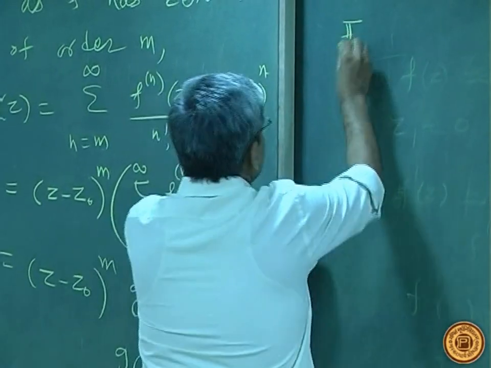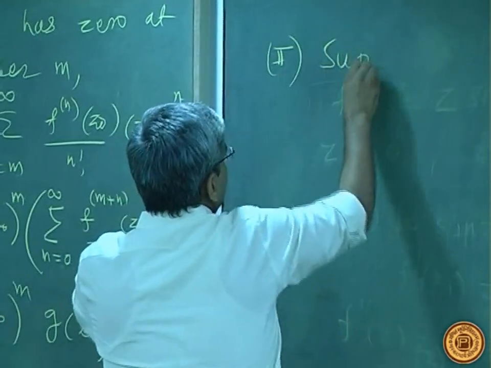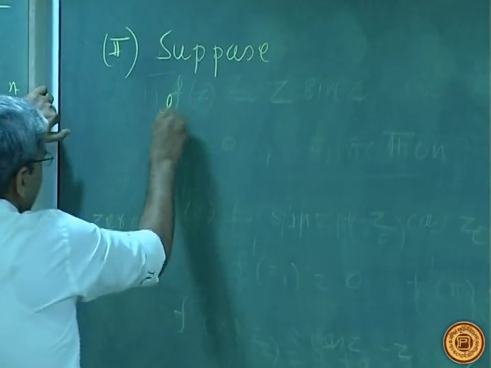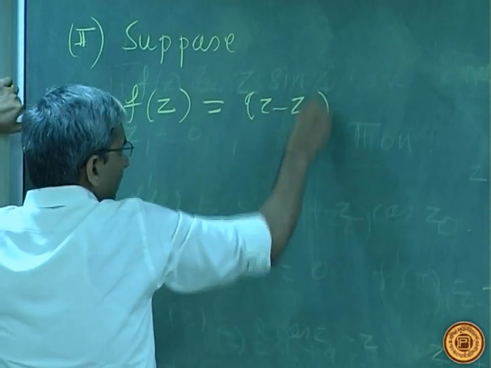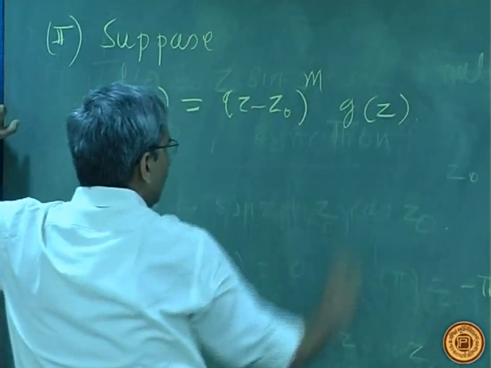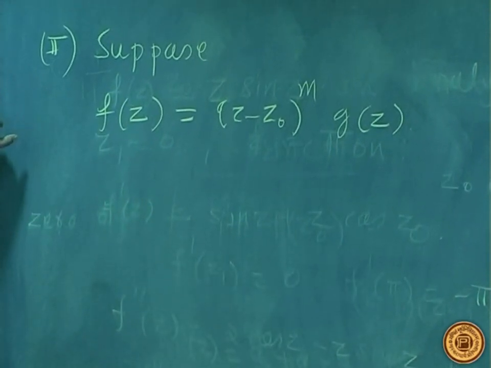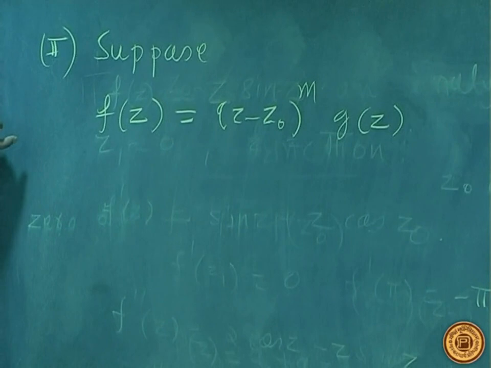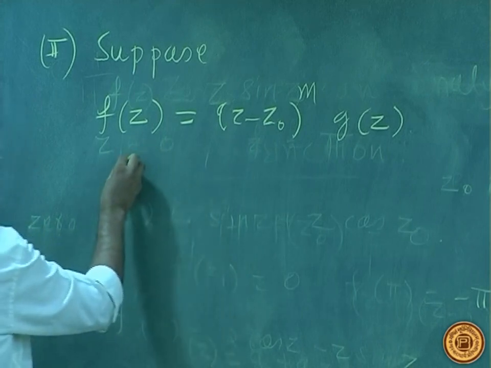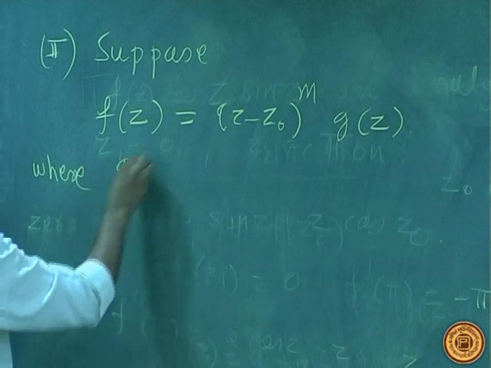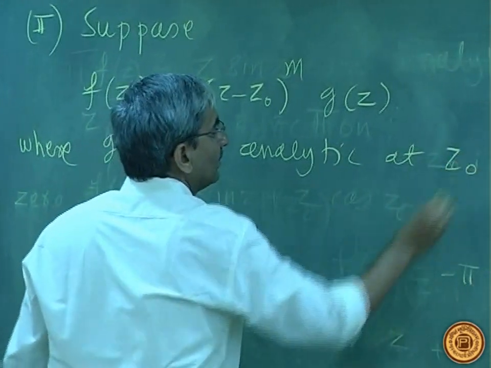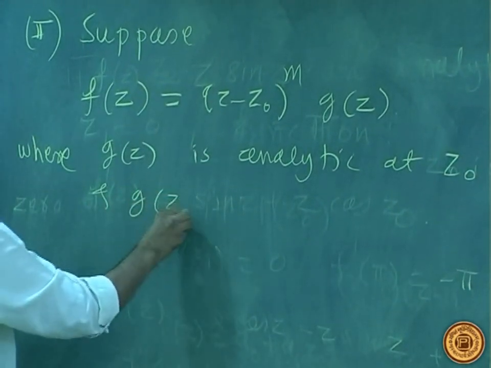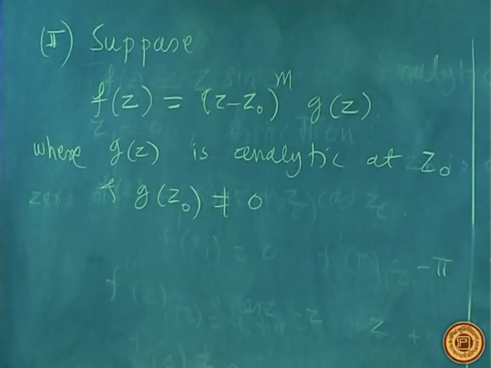Part 2 is that suppose f(z) has this representation in some neighborhood of z naught, (z minus z naught) to the power m into g(z), where g(z) is analytic at z naught, and g(z naught) is not equal to 0. That is given.